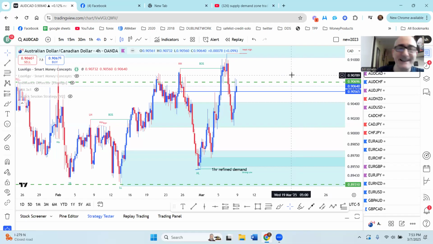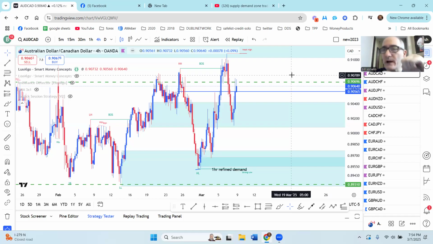Again, we're determining the trend on the 4 hour time frame, right? The recent trend bias, not the long-term bias. So basically we're just looking at two time frames.